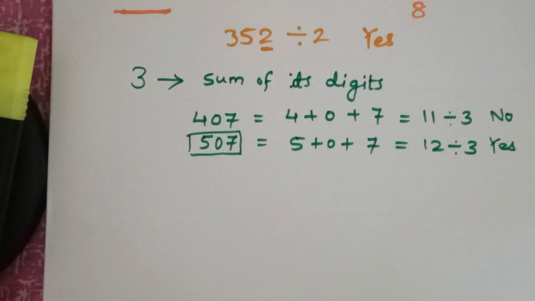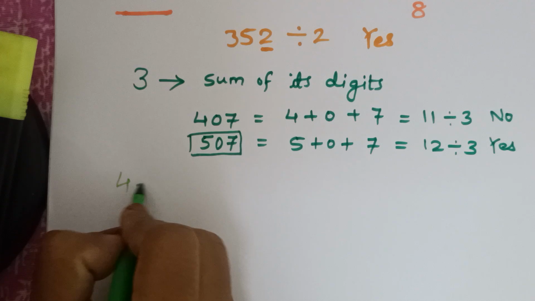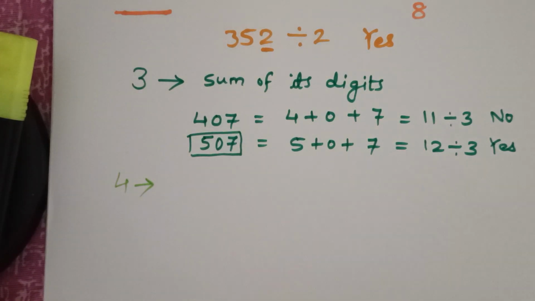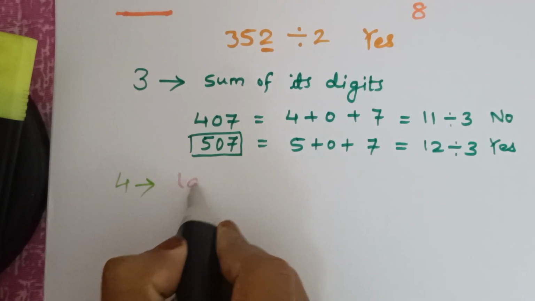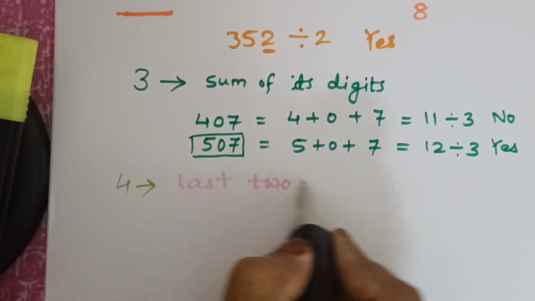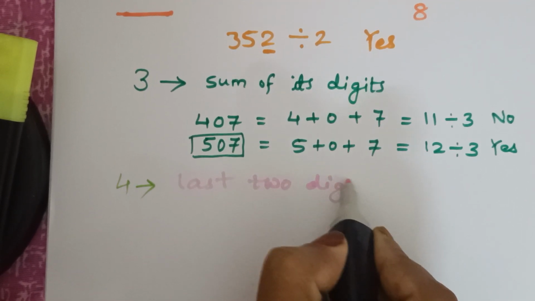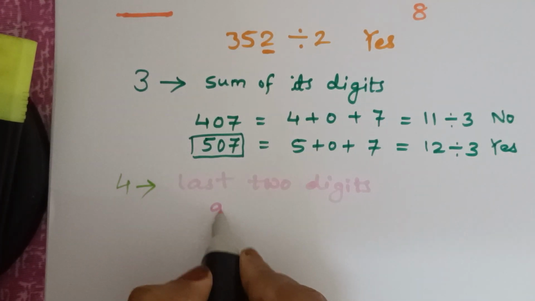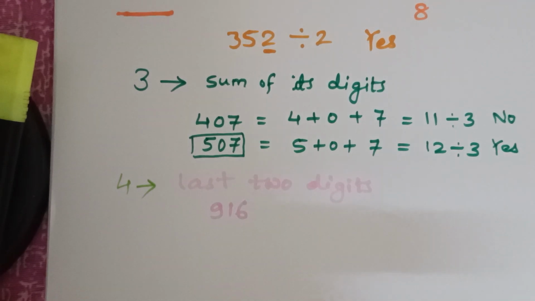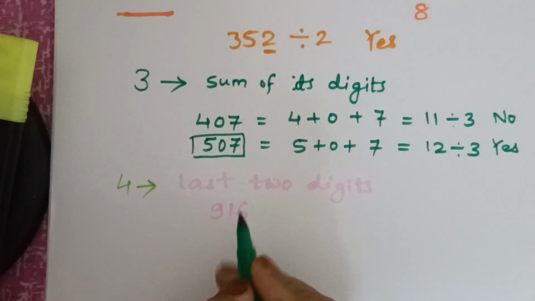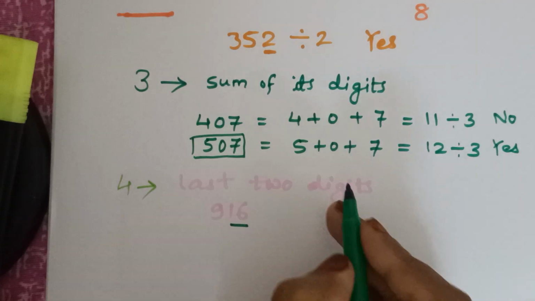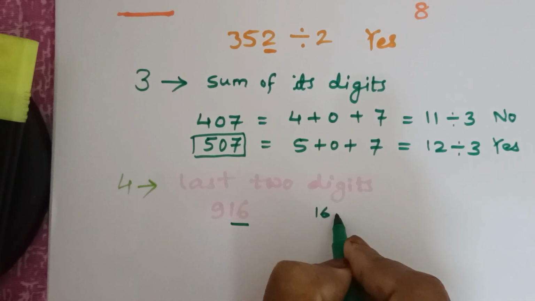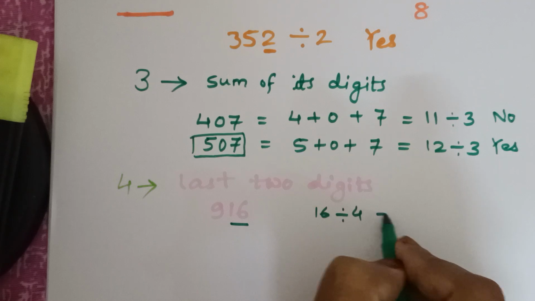Next, I want to check the divisibility rule of 4. How to check whether a number is divisible by 4? You just have to check the last two digits of a number. For example, the number is 916. If you see carefully, 916 ends with 16, and these two digits are divisible by 4.